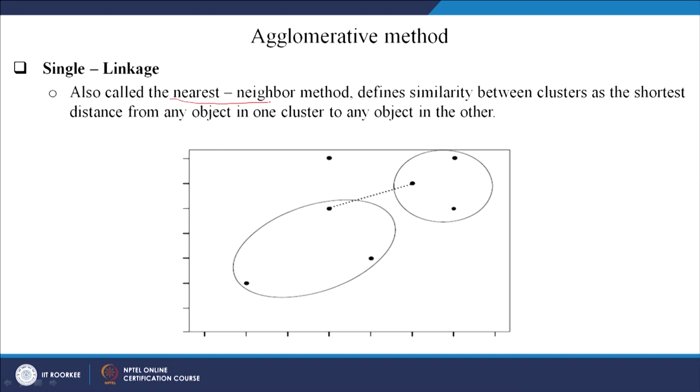It is also called the nearest neighbor method. It defines similarity between clusters as the shortest distance from any object in one cluster to any object in the other. For example, this is one cluster and this is another cluster. Now, there are several data points. You see, this is a distance, this is a distance, this is a distance, right.